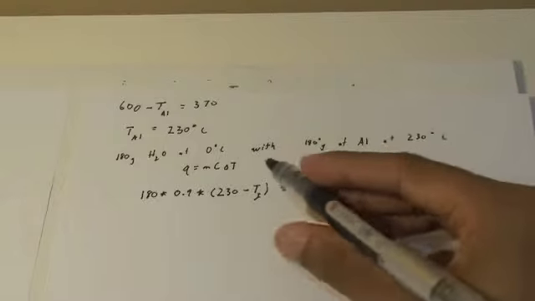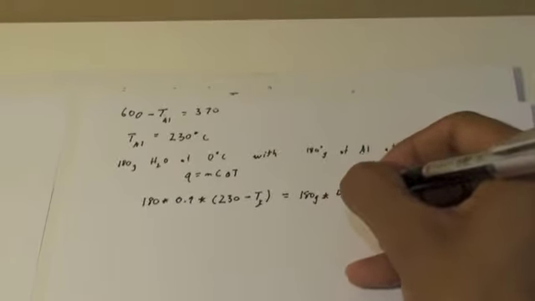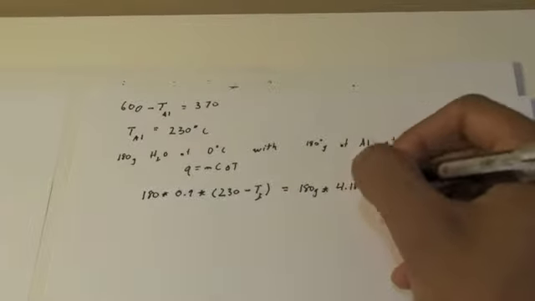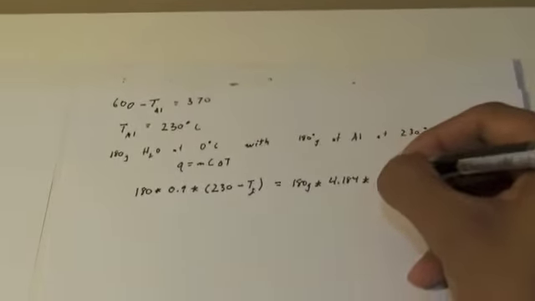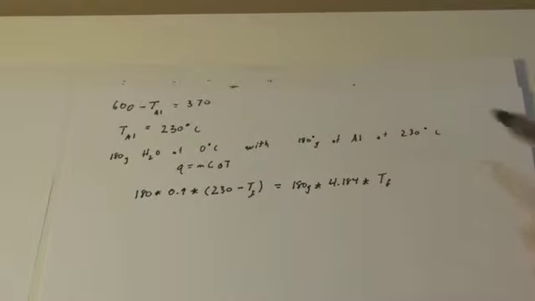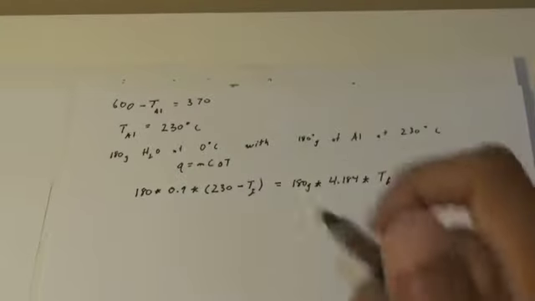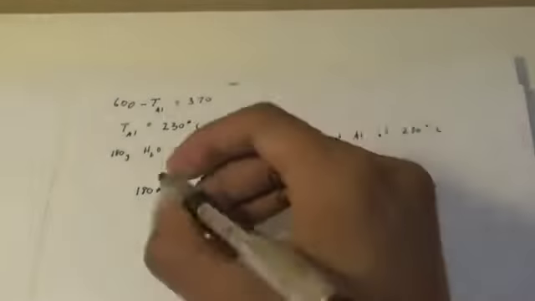The energy that the water gains is 180 grams, multiply that by 4.184, which is the specific heat capacity of water, multiply that by just the final temperature, because it's T_f minus 0, which is just T_f. And so I want to get the final temperatures both to one side.